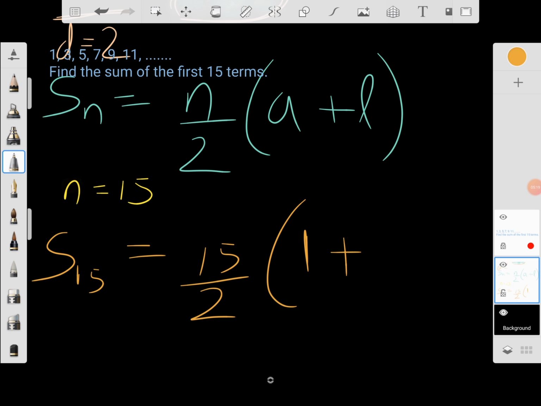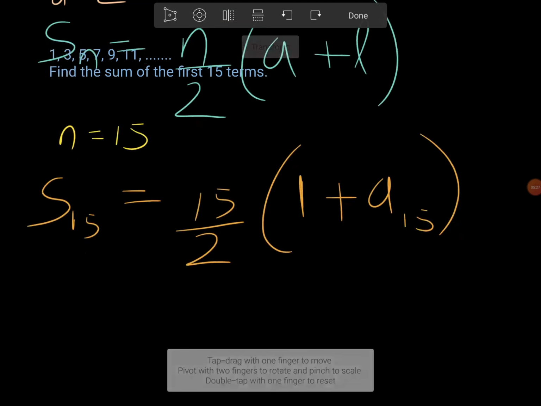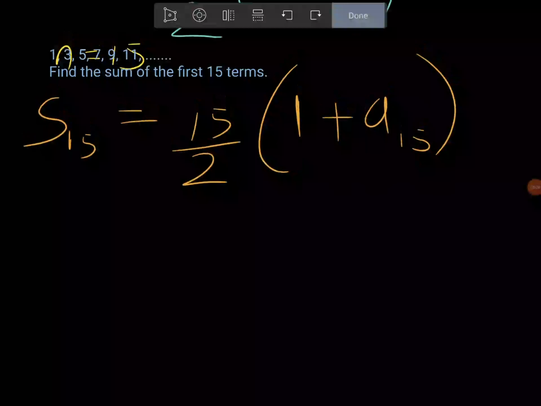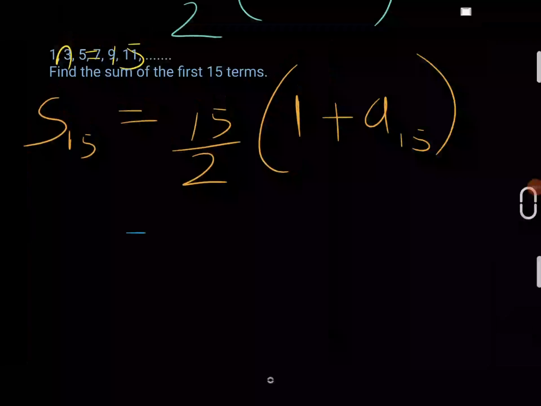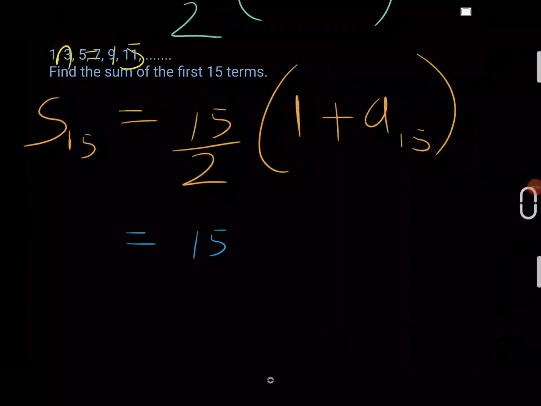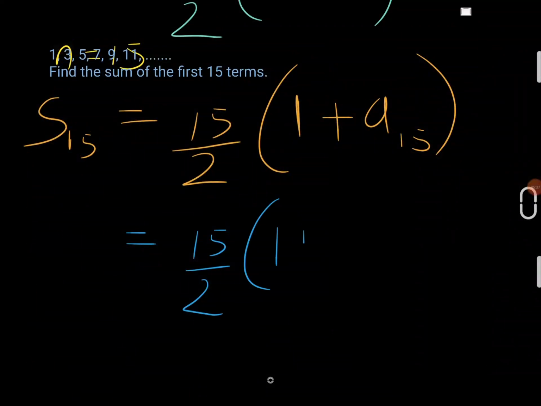The last term is a15, which we don't know yet, so for that we need another formula. a15 is a plus (n minus 1) d. n minus 1 is 14, so a15 is a plus 14d.